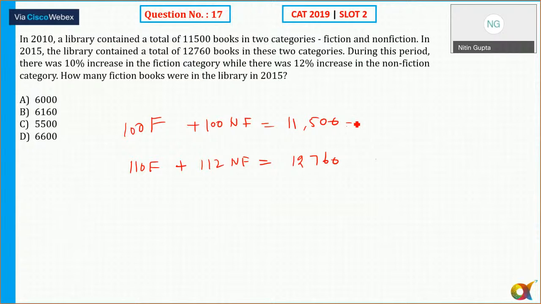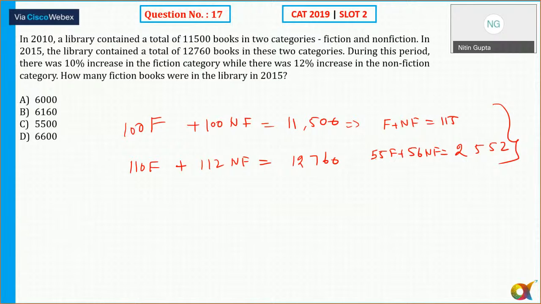The second equation I can say will still be equal to how much? Here, if I divide by 5, so probably I'll get 55F plus 56NF is equal to that. To solve these two equations, you can find out how many fictions were there in the library.